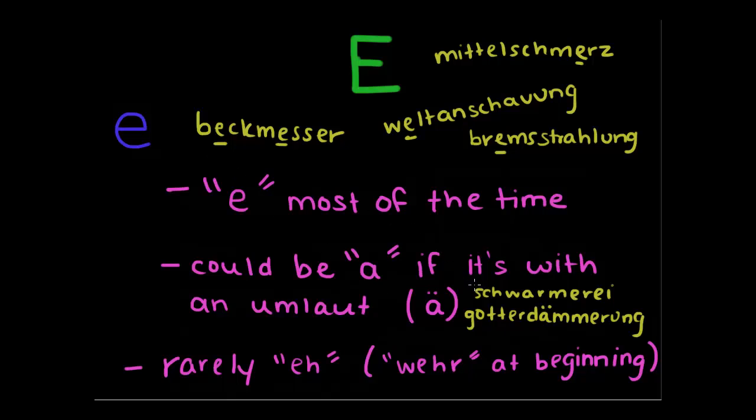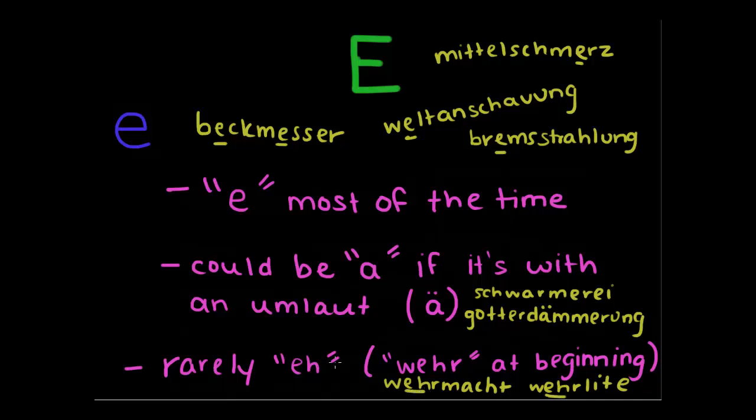There aren't a lot of words with that umlaut, so this is not very common, but it's definitely more common than this rare EH, such as Wehrmacht, and the other word is Wehrlight. So these are two examples with Wehr at the beginning. The EH represents the eh sound.